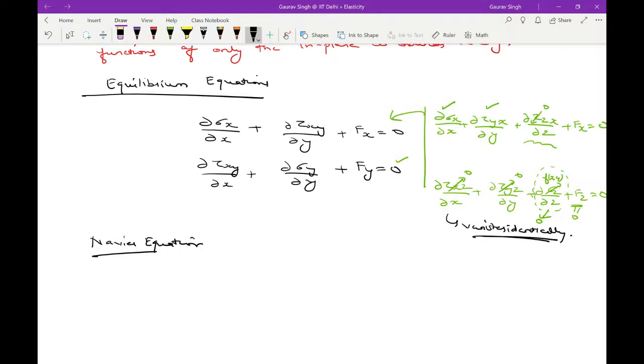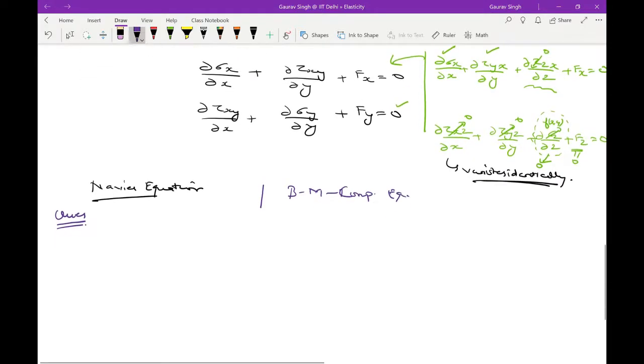Okay, and let's see, this is again a question from the book, and also the Beltrami-Mitchell compatibility equation. So we'll derive both of them now.